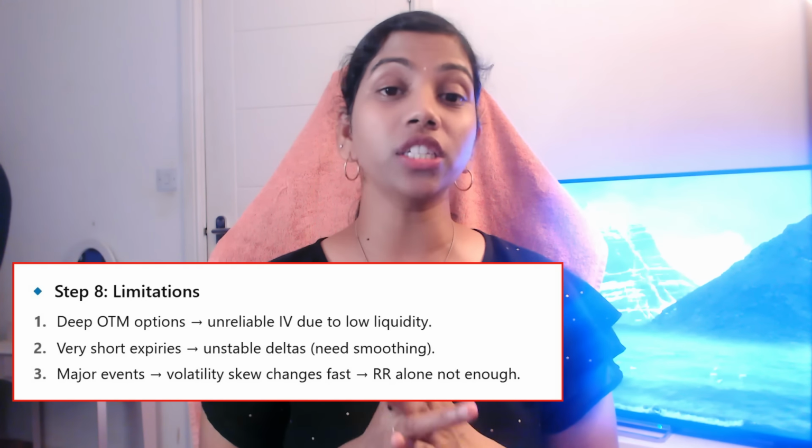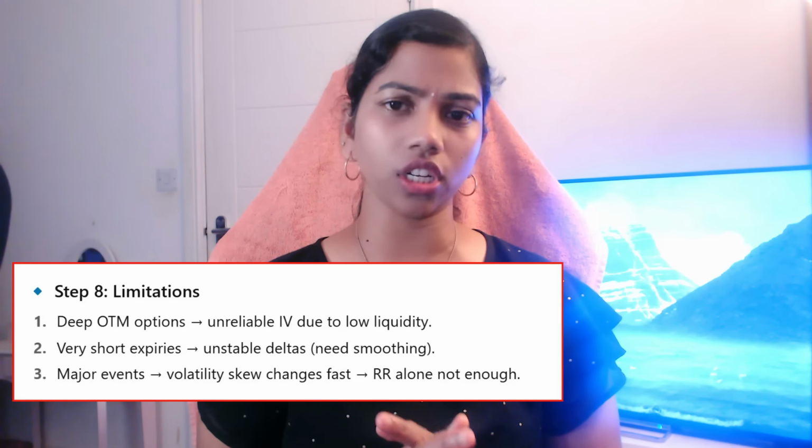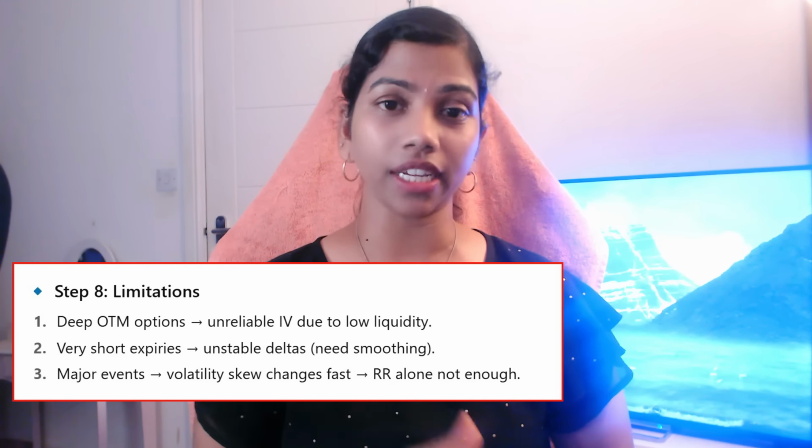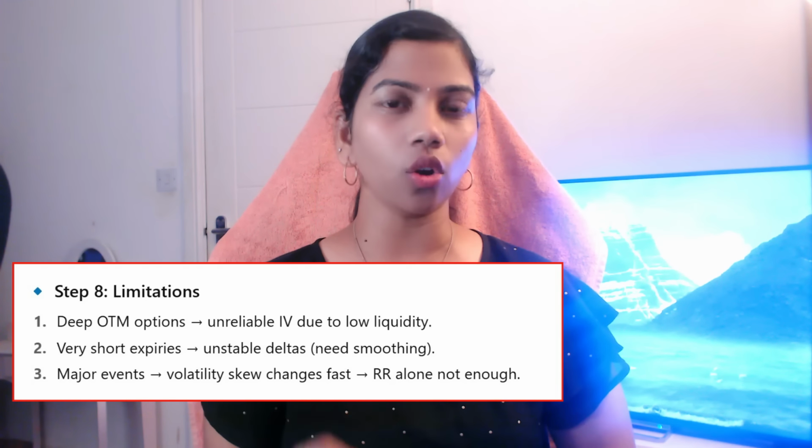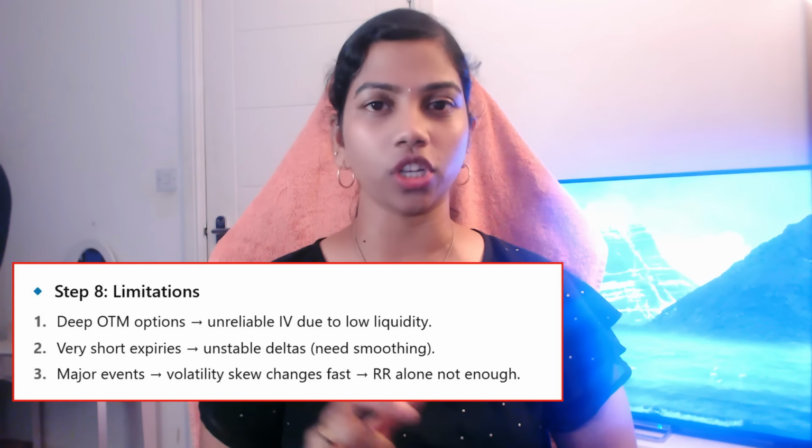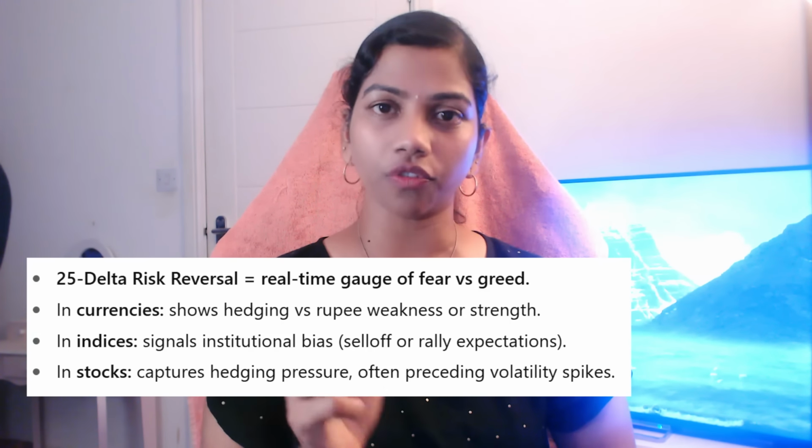Third, during major events like interest rate decisions, skews can change dramatically, so risk reversal alone won't capture the full picture. So, to summarize, the 25 delta risk reversal is far more than just a theoretical concept. It's a powerful sentiment gauge that shows us actual market pricing of fear and greed.